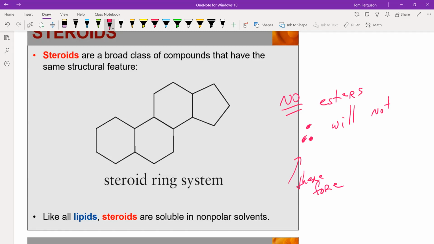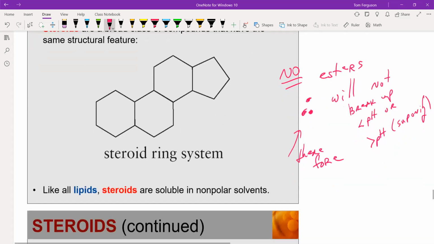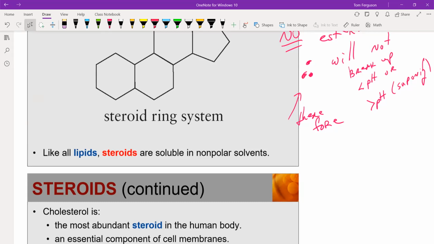Okay, no esters, therefore it will not break up. And low pH or high pH, won't saponify. Because of this, the very non-polar.